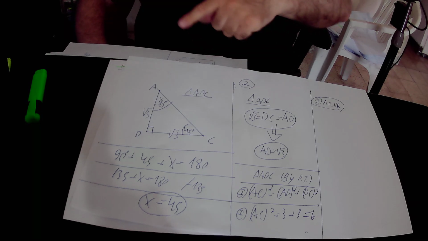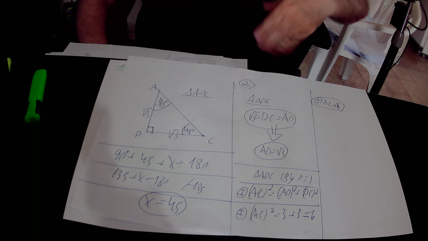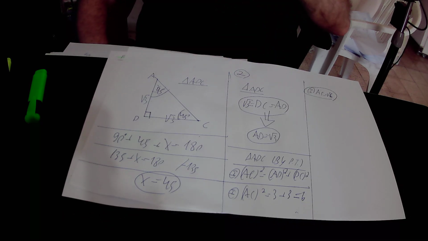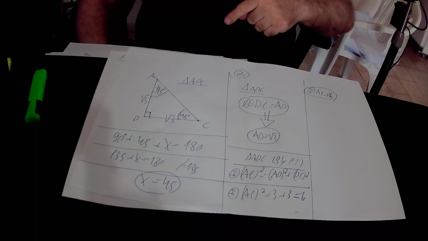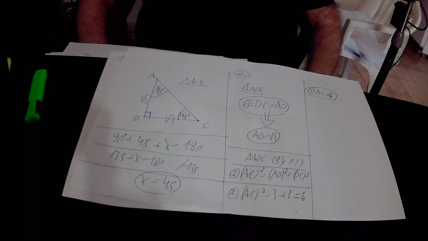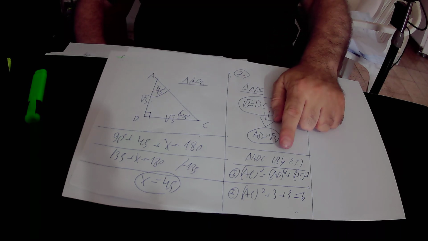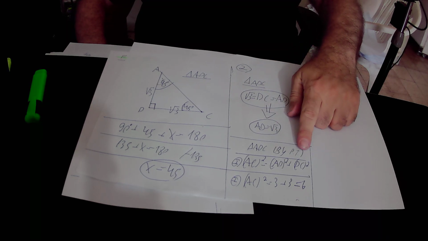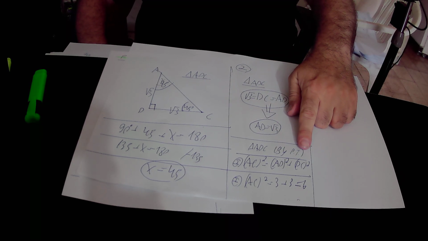Then we implemented the Pythagoras theorem on the right isosceles triangle ADC. According to the Pythagoras theorem, the square of the hypotenuse equals the sum of the squares of the perpendiculars. That is to say, AC square equals AD square plus DC square. AD is square root of 3, so AD square is 3, plus DC square.